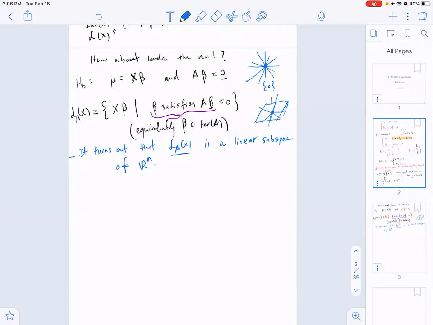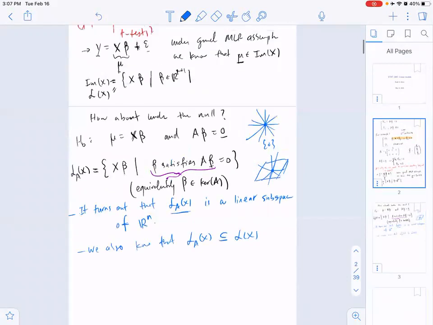So we also know that L_A of X is a subset of L of X, which is this guy. Why is this true? Why can I say that this L of X is a subset of this guy?